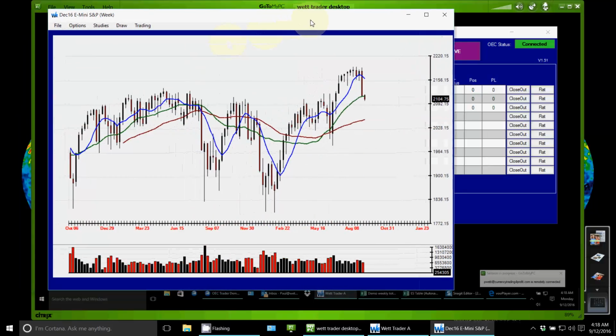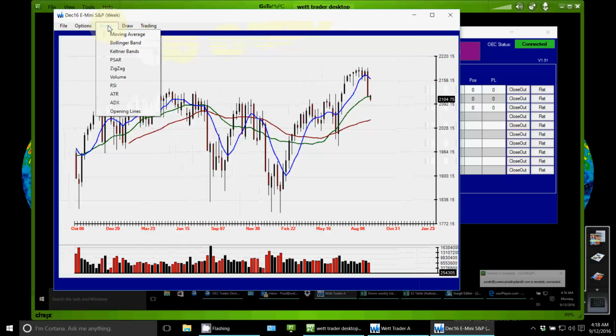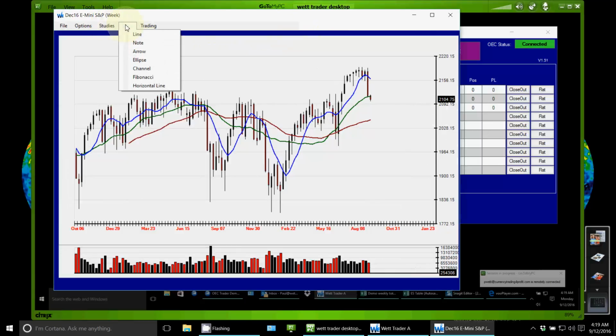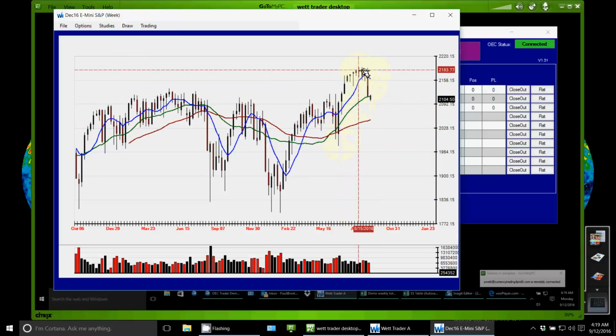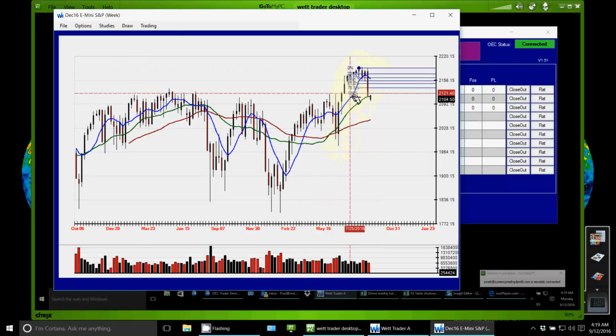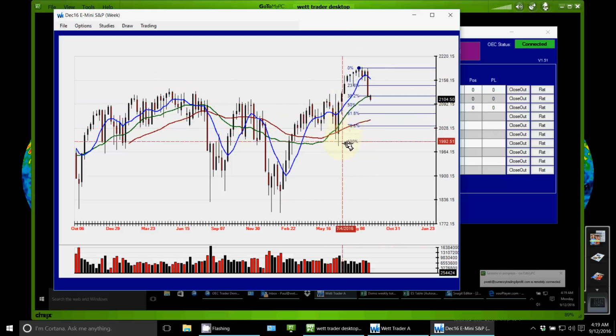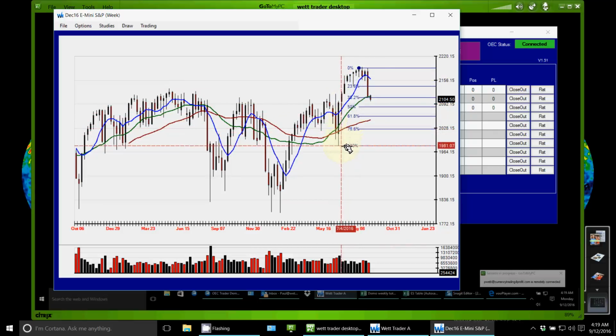And also, you can draw your Fibonacci lines. If you go from your high to your low, this gives you an indication of approximately where our support and resistance area is.